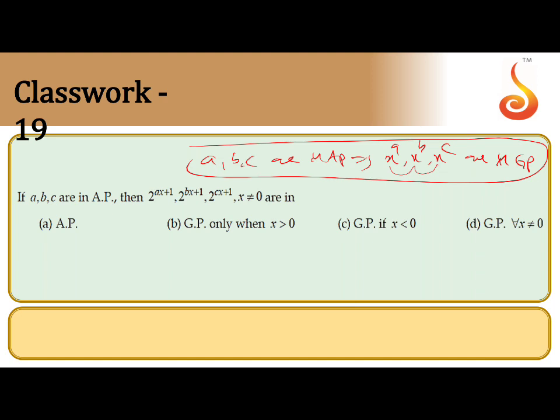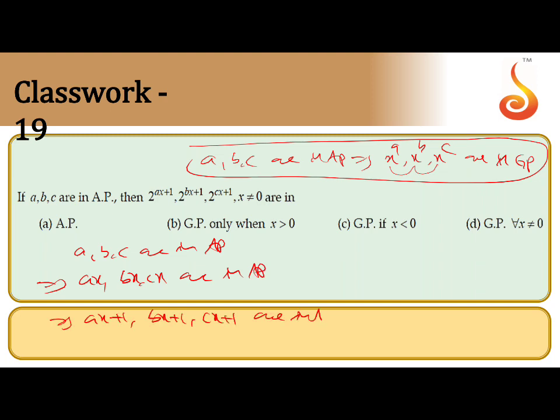So observe here, A, B, C are in AP. 2 power AX plus 1, 2 power BX plus 1, 2 power CX plus 1. Here X can be anything except 0. If you multiply with some number, the resulting sequence is also in AP. If you add any number, AX plus 1, BX plus 1, CX plus 1 are in AP.